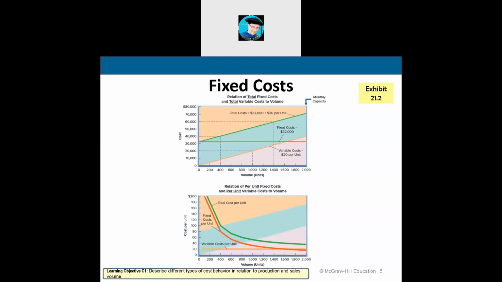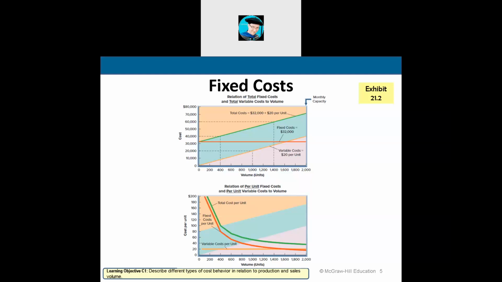So on the top part of the slide, we talked about totality, total cost. On the bottom part of the slide, we're talking about per unit basis, okay? So per unit. I want to show you a couple things, okay?